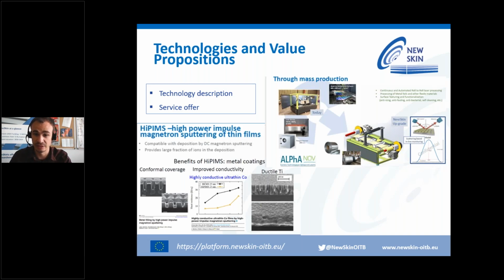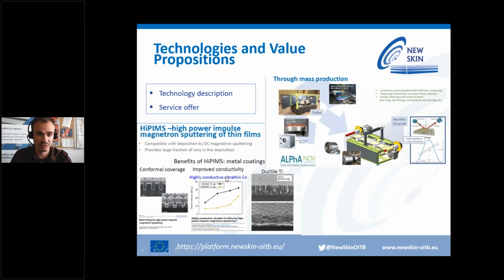They are developing roll-to-roll technologies allowing to texture larger surfaces of metal foils, and you'll be able to use their facilities for your own industry. And you can find their value propositions on the platform.